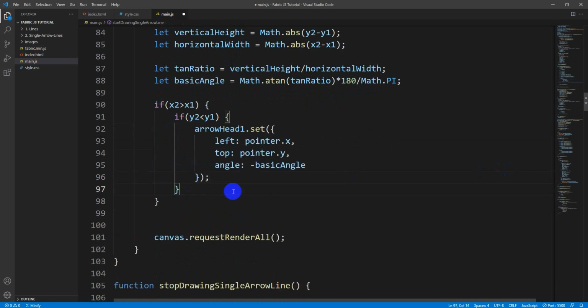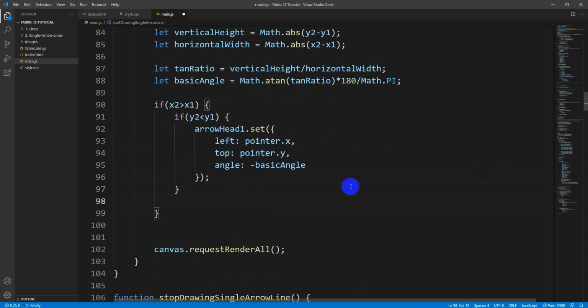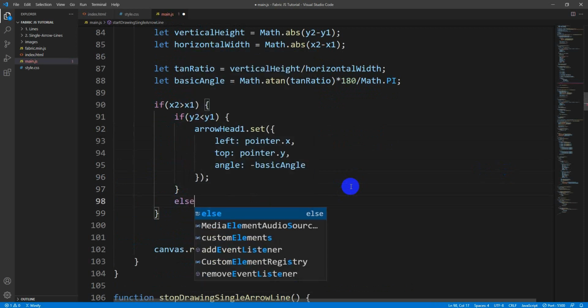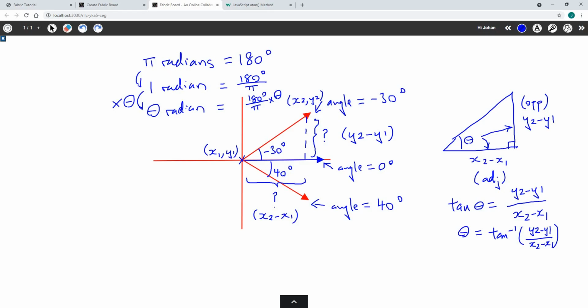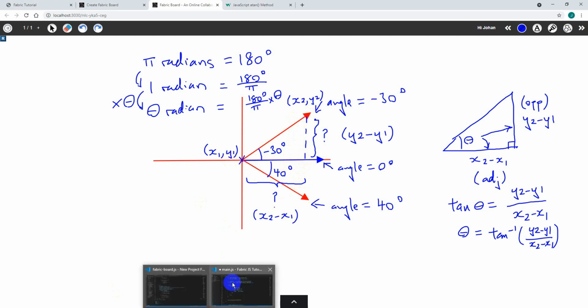There is actually another condition that the line can be at. Not only can the line be in the first quadrant; if I move the line down, the y2 now would be the same as y1, this blue line over here. And if I move further down, the y2 would be greater than y1. So there are actually two more conditions.